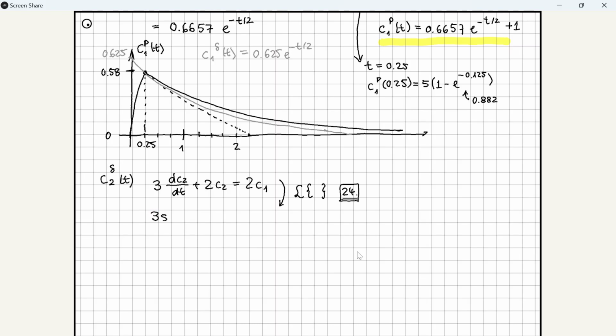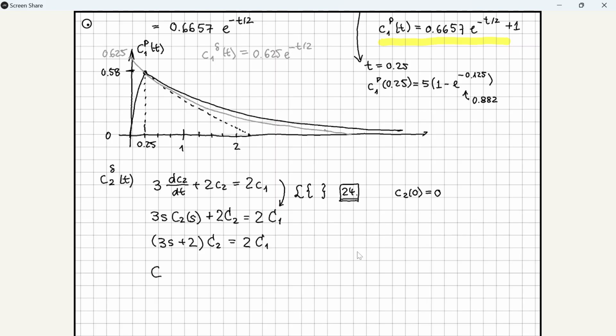This is 3 times s C2 of s, and this is why I said C2 of 0 equals 0, plus 2 times C2 equals 2 times C1. So now I can factor out the 3s plus 2 times C2 equals 2 times C1.